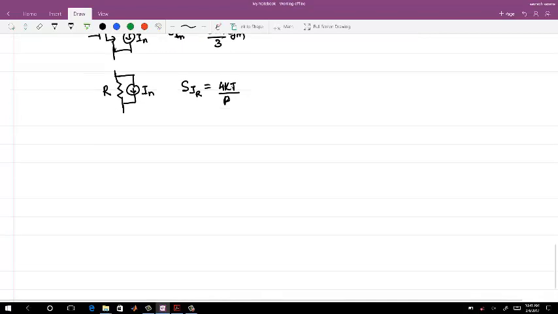So the procedure would be, we figure out all the noise sources in the system. Input phi in is coming, so there will be some noise which is added with the reference.